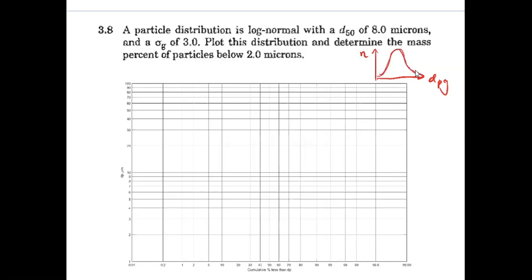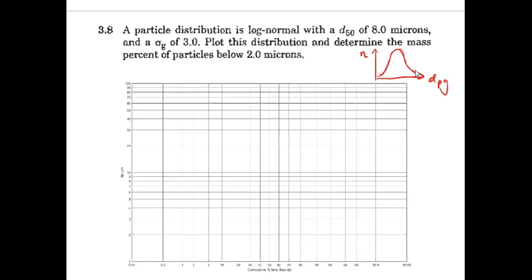And of course, I think most of you who use this method were using hand-drawn curves, which is really not accurate, right? You cannot get accurate results just by roughly drawing out the distribution. Okay, of course, if you use, let's say, Excel or some online plotting tools to get this log normal distribution, you may be able to calculate what is the fraction. But I would say the most straightforward way to solve this problem is just using the semi-log plot, right?